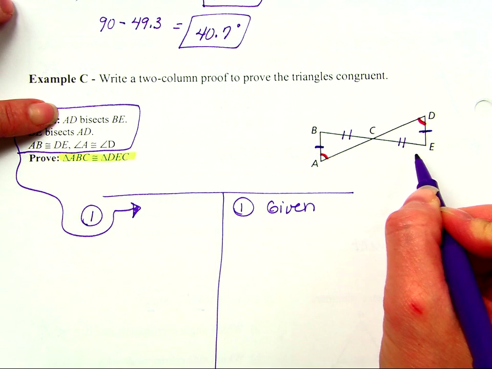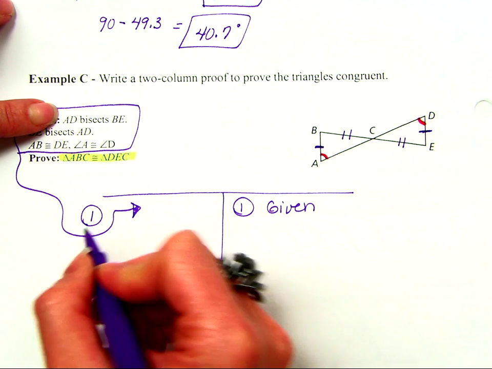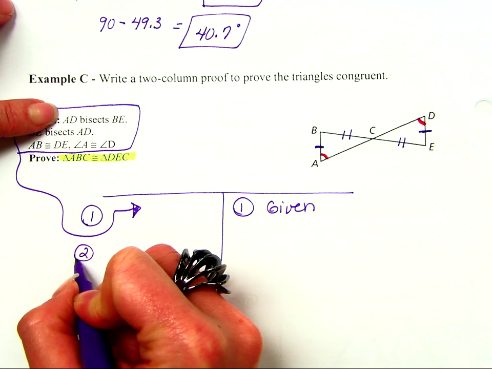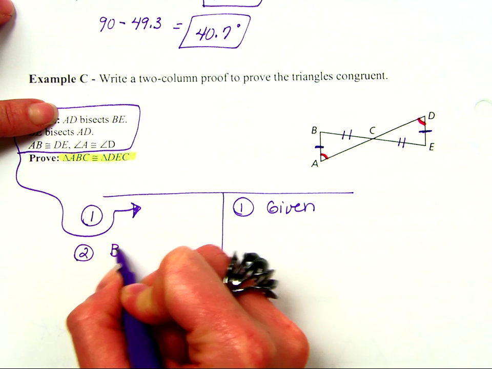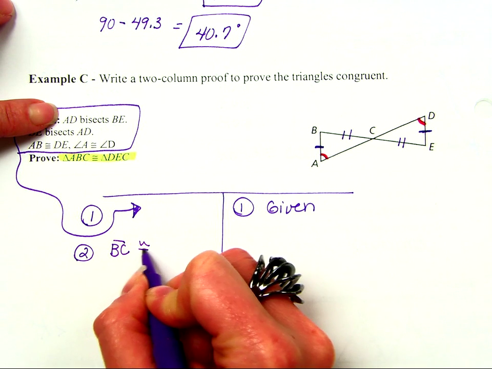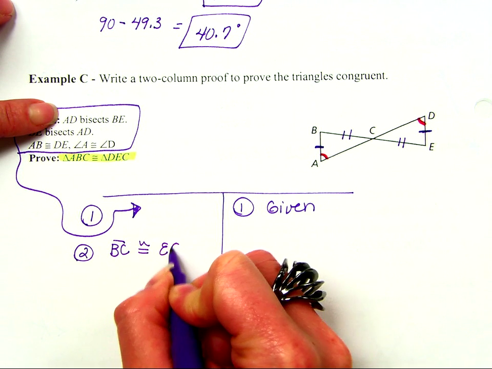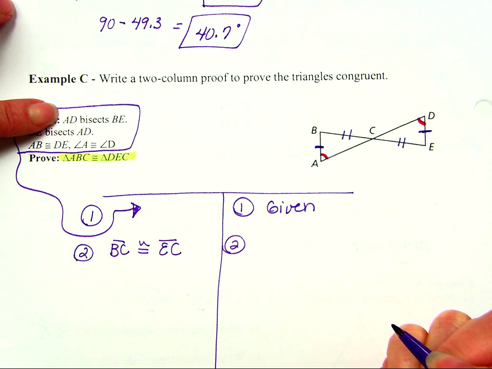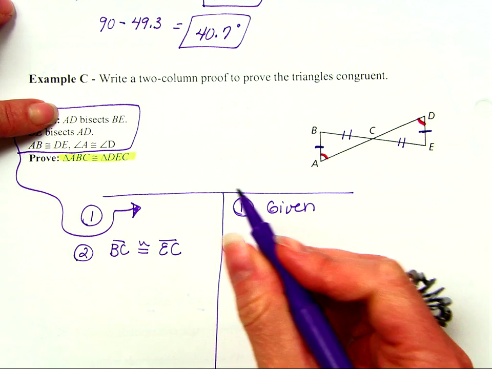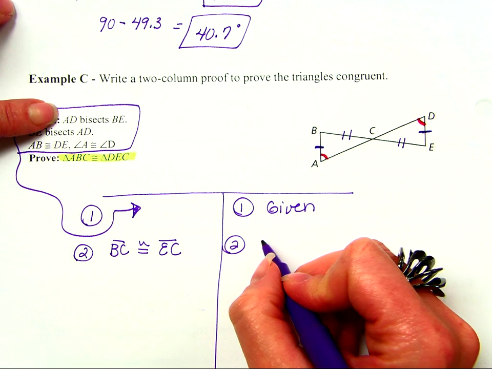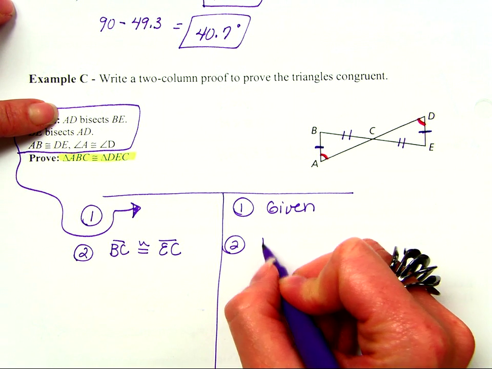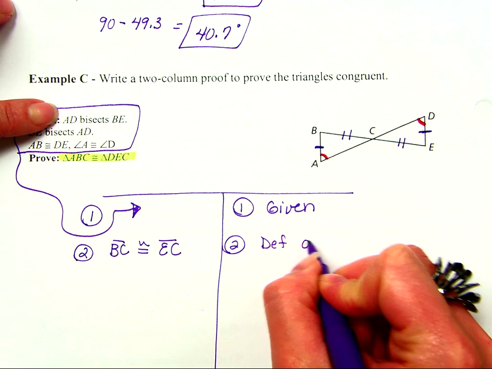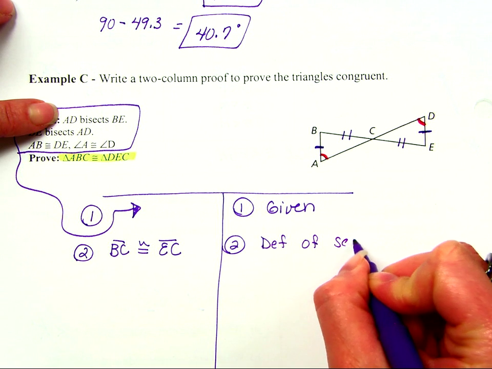If I make a marking on my diagram, I need to come over here and make a statement about it. So I'm actually going to say that segment BC is going to be congruent to segment EC. What is my reason for that, or why can I say that? Well, it's because of that key word in my given, I actually have a bisector. So the reason that those are congruent is by definition of a segment bisector.